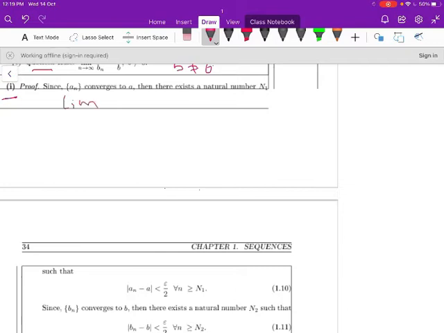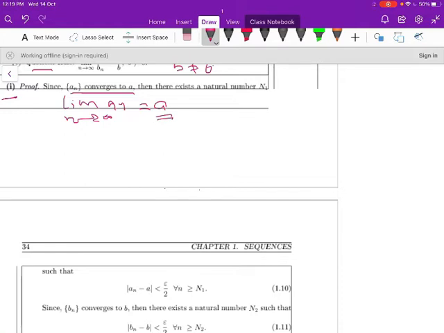Since the limit of the sequence an as n tends to infinity is a, where a is the limit point of the sequence an, therefore an converges to a.